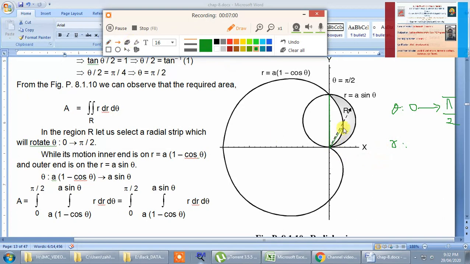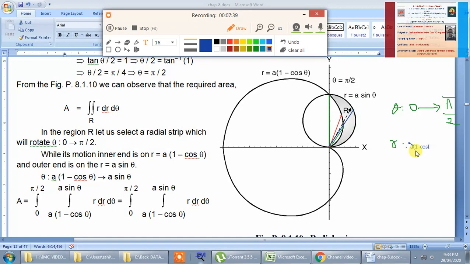The inner end is on the cardioid, so r is a(1 - cos theta).